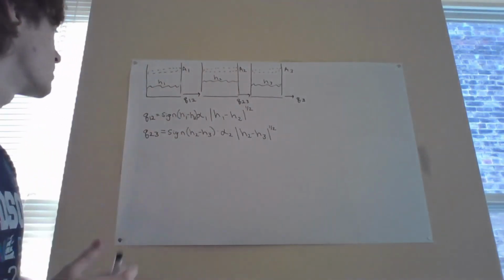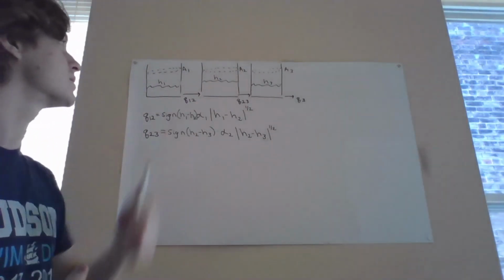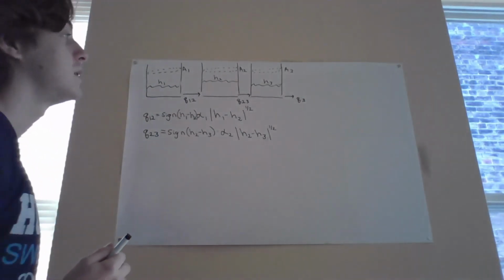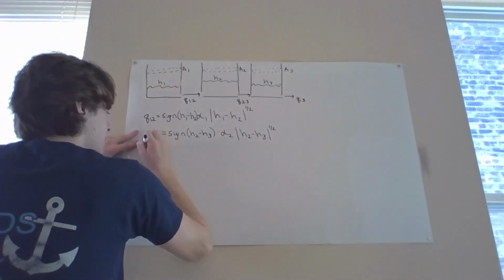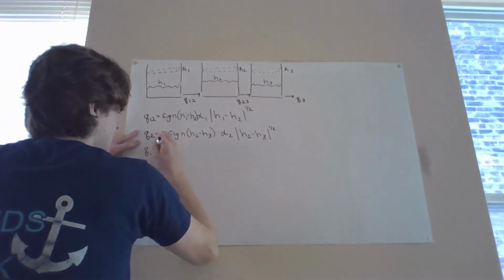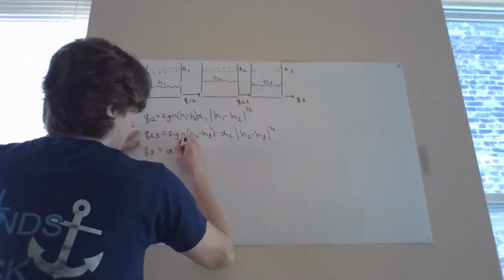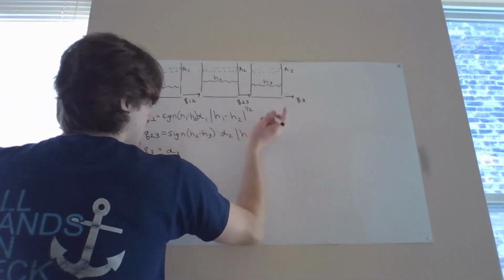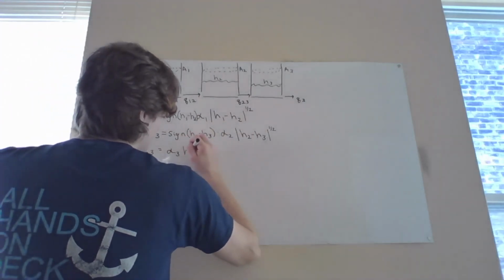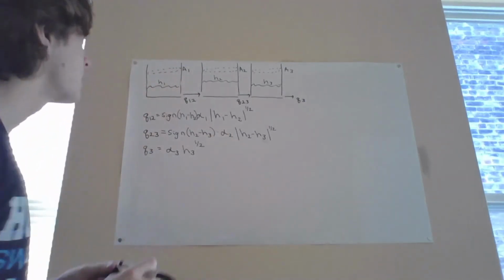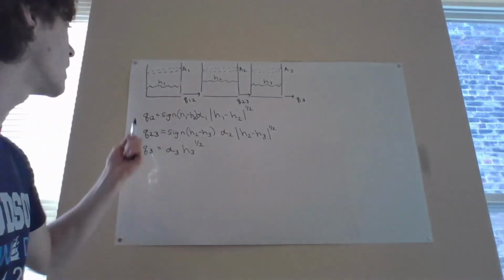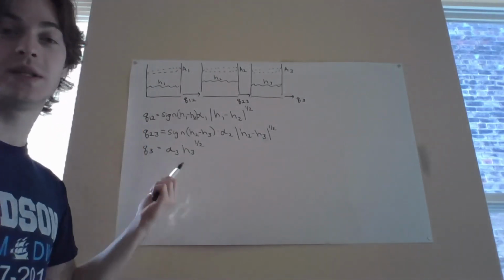So that is our expression for the flow rate between tanks 2 and 3. Now let's create one for the flow rate out of tank 3. This will just be proportionality constant 3 times the height of tank 3 to the 1/2 power. So now we have our three flow rates in between the tanks defined.